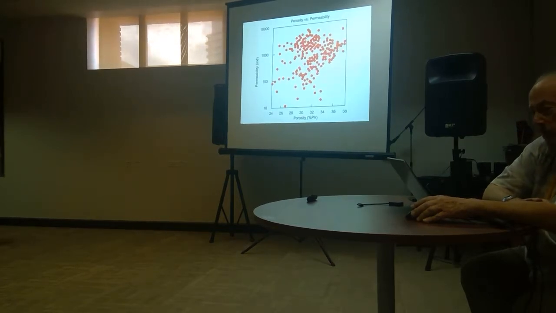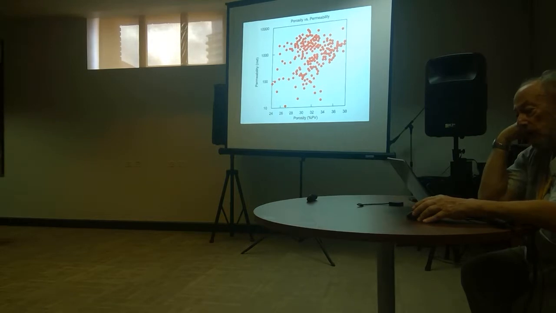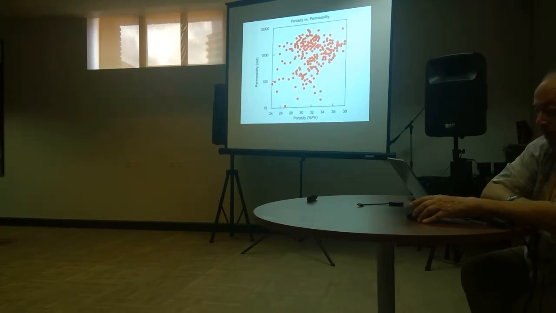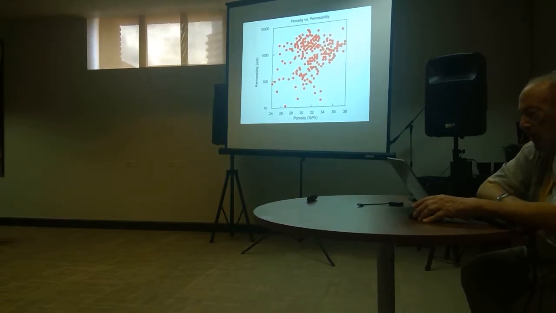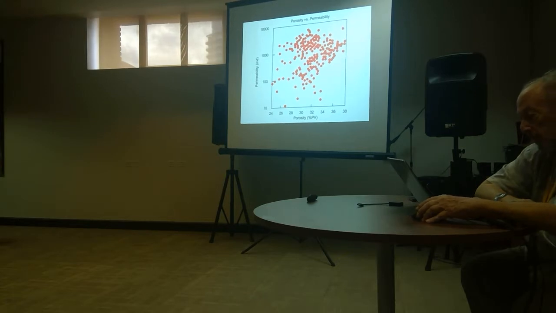Well, when the data points were plotted up, you get quite a bit of scatter. Now, this is a plot of permeability in logarithmic scale and an arithmetic scale for porosity. But what you see is a lot of scatter and no apparent trends that you can see between porosity and permeability.